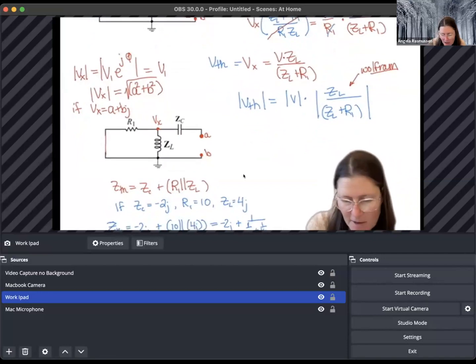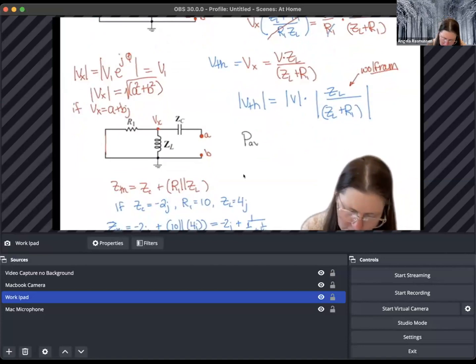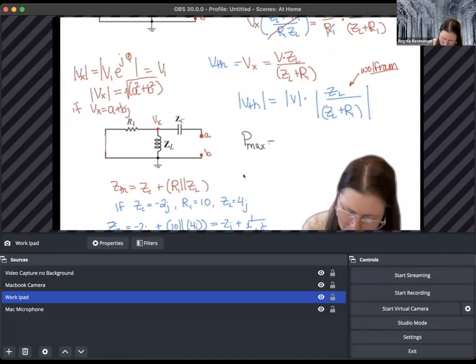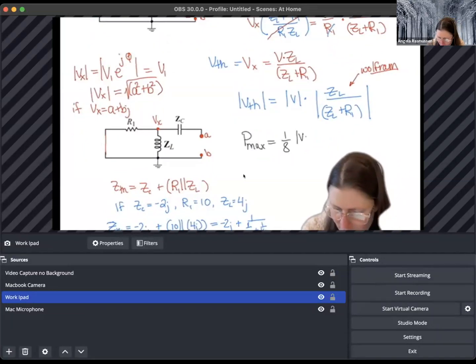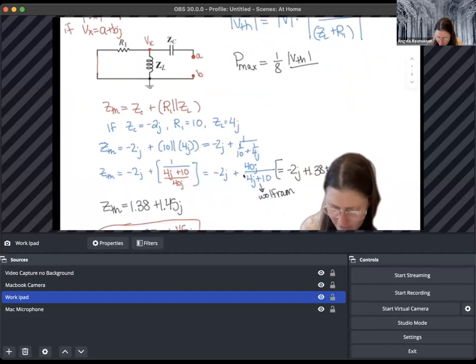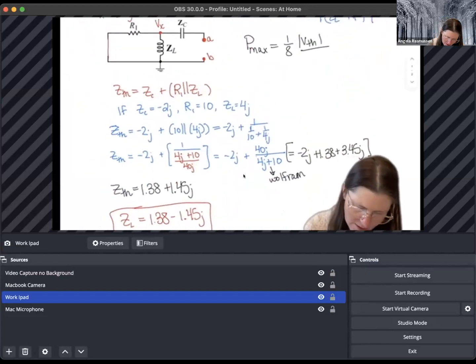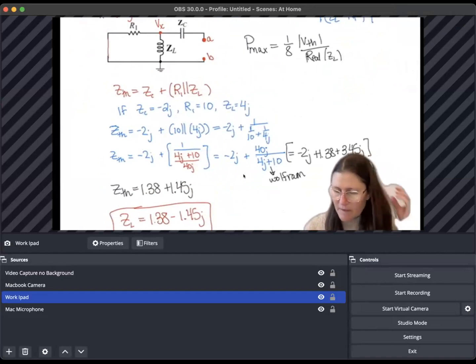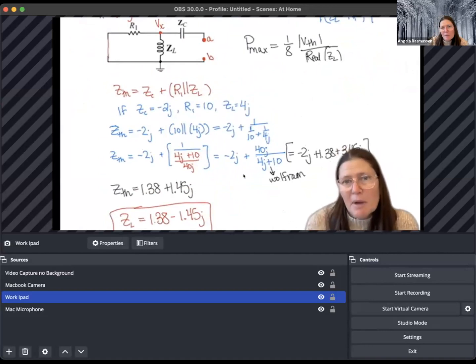And then to find the max power, Pmax, is going to be 1/8 of the magnitude of VTH over, in this case, the real part of ZL. And that would give you a value of Pmax.